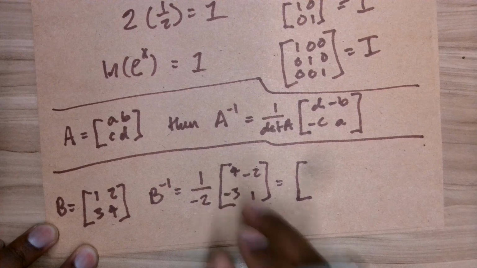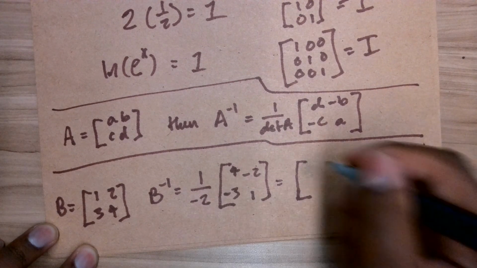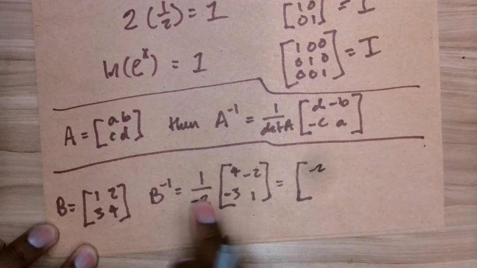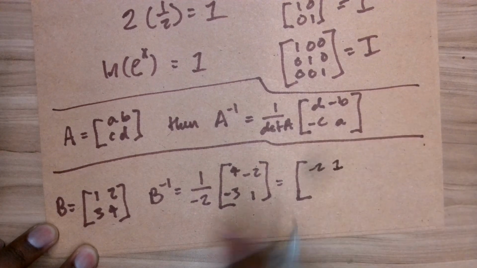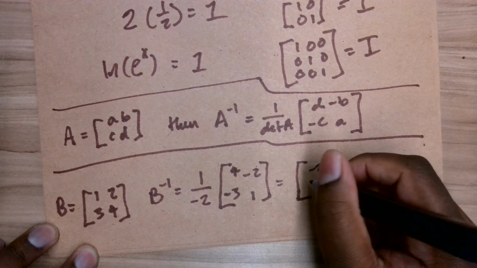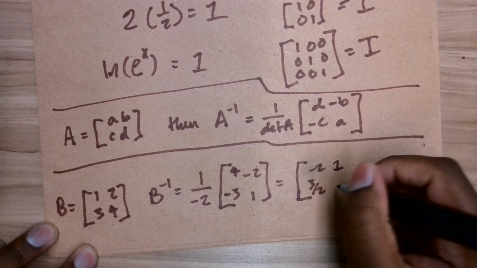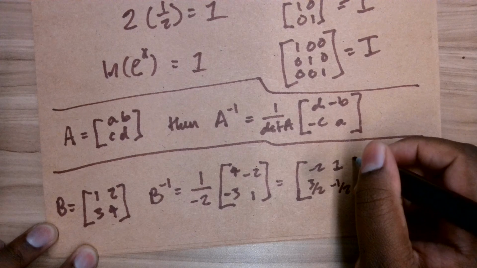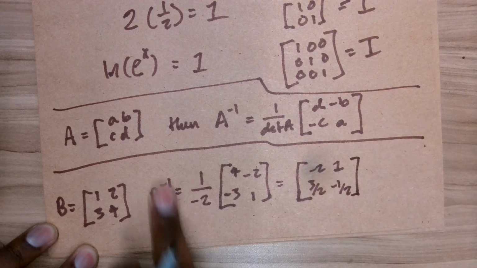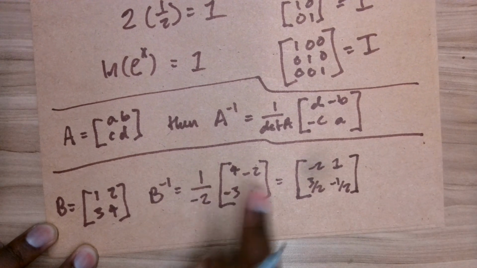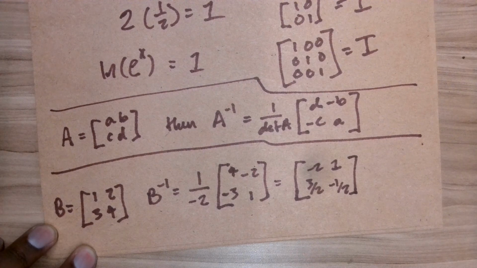So negative 1/2 times 4 is -2. Negative 1/2 times 2 is +1. Negative 1/2 times -3 is 3/2. And negative 1/2 times 1 is -1/2. All I did was multiply this -1/2 by all 4 terms. Everybody follow me so far?